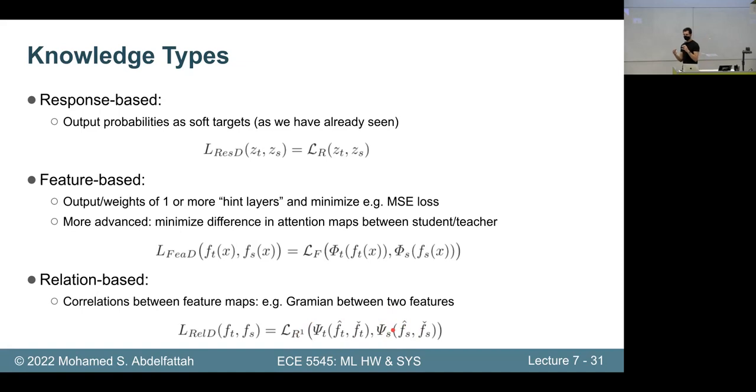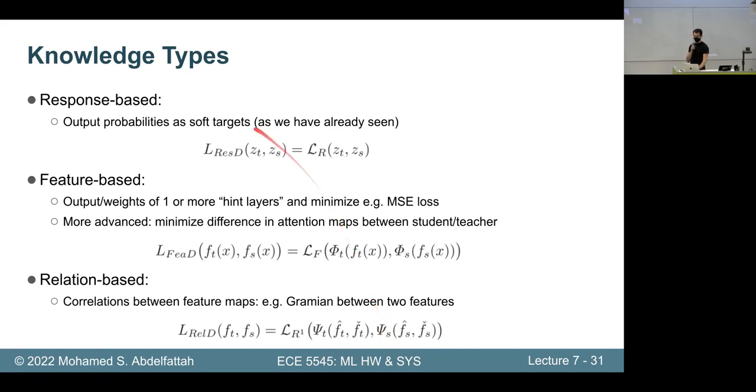So instead of operating on just one layer in the teacher and student network, now it's pairs of layers or even more. And so these are all kind of more advanced ways to extract knowledge from a teacher to a student. And you will find lots of papers covering these specific cases.